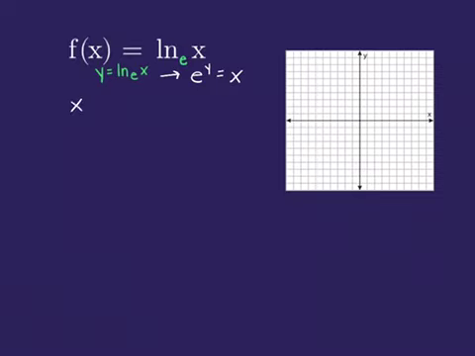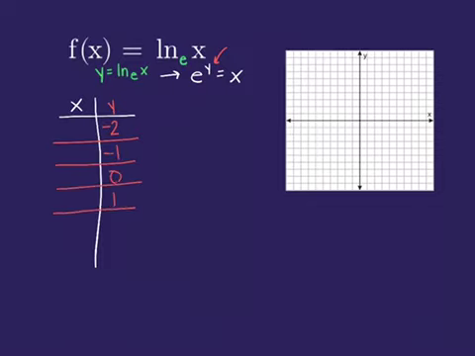So again, just like in all the previous graphs, y is our exponent, so we're going to choose y values of -2, -1, 0, 1, and 2. And remember, you'll need your calculator to plug these in. So for the first one, we'll have e to the -2nd, which is about 0.1.